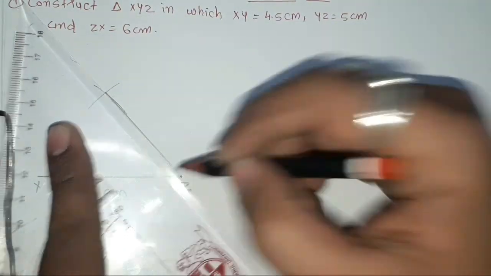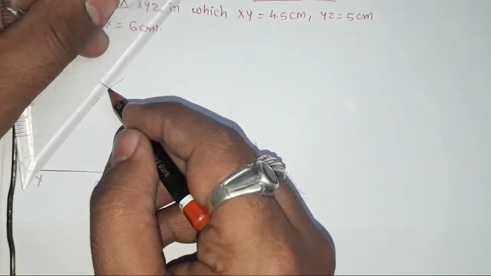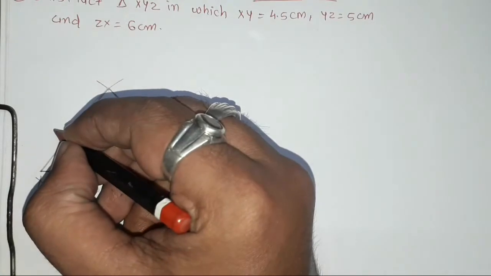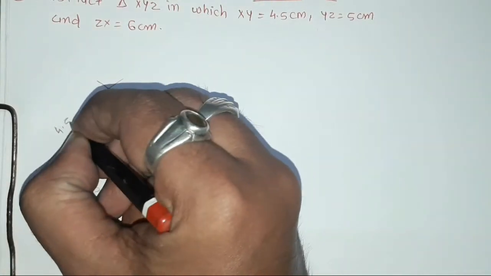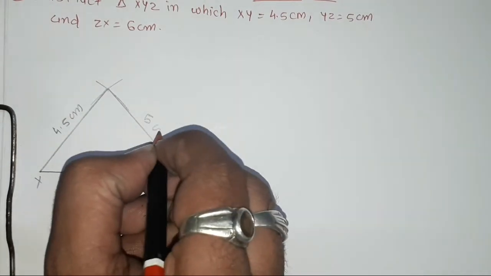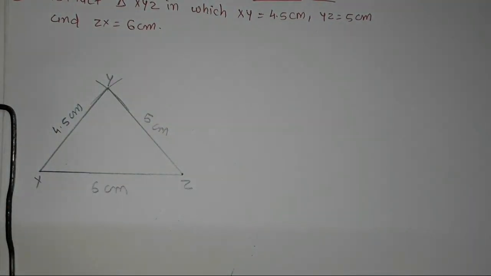So first this Z, then this one X. So this side is equal to 4.5 centimeter, this one is equal to 5 centimeter, and this point is called Y. So this is how we have to draw this type of geometry.